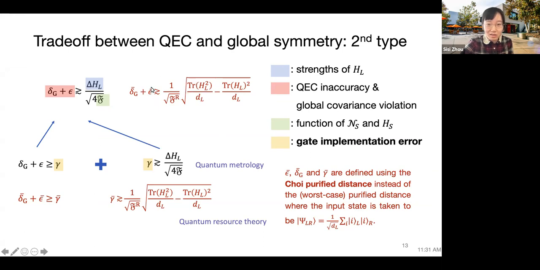Then we can derive similar results with a different delta HL here and a different type of F here. But basically the form of the trade-off relation is similar. We will have basically the same procedure going on here, but instead we're going to derive this bound, the lower bound of gamma bar, using quantum resource theory.